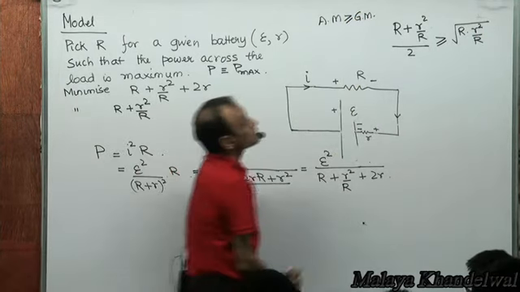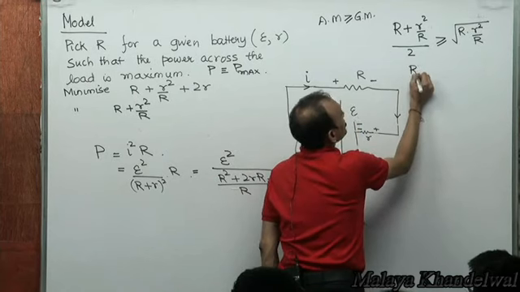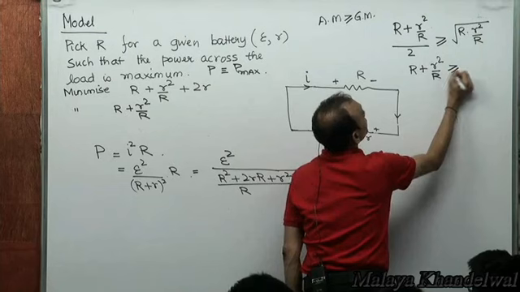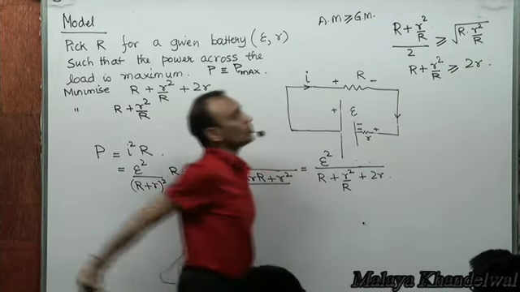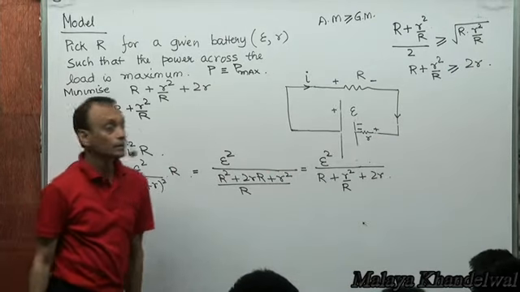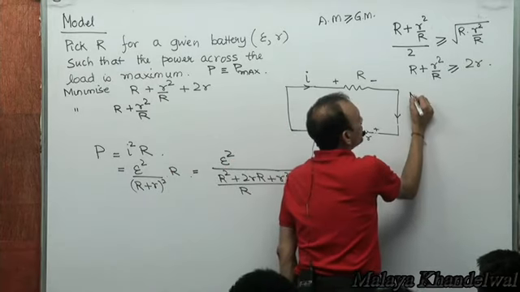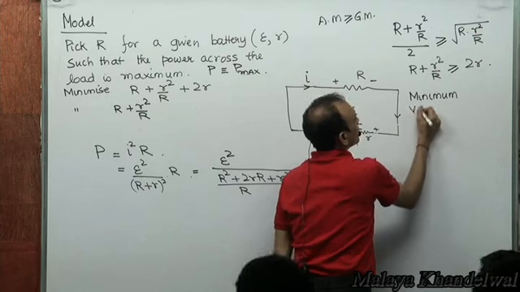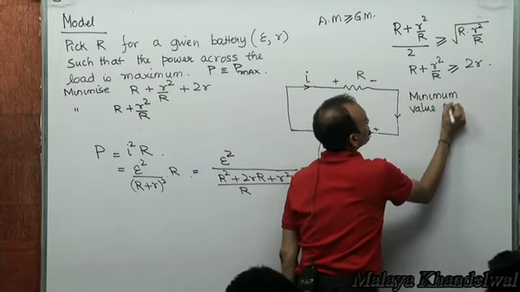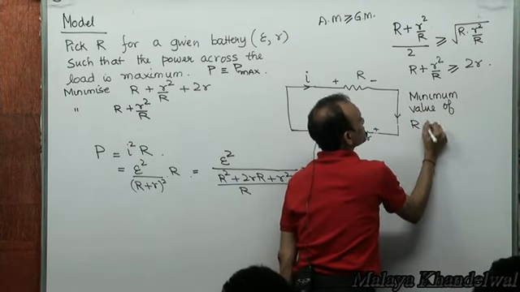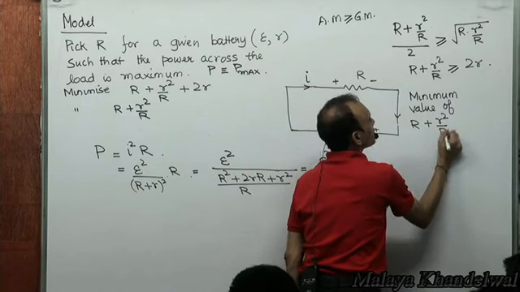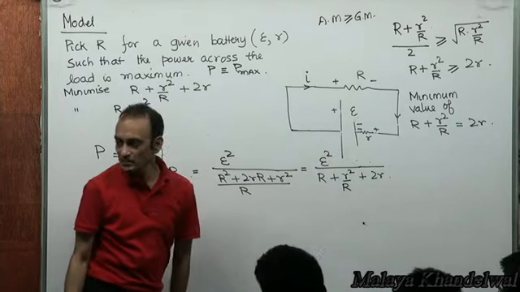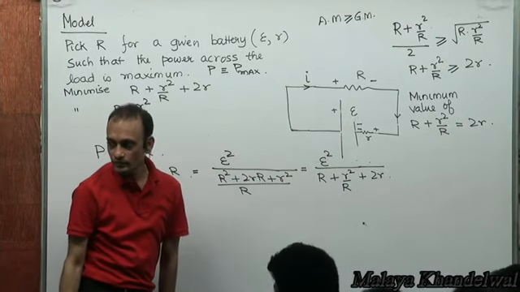That means R plus r square by capital R is greater than or equal to 2r. That means the minimum value of R plus r squared by capital R is 2r. That's the minimum value of this expression, yes or no?